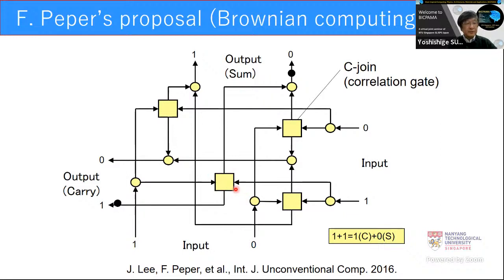Only when two tokens arrive at the C-join at the same timing, the token goes through. As a result, we find those tokens in the correct answer wires at the end.